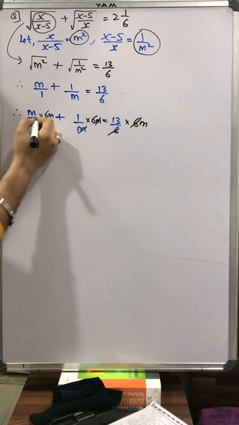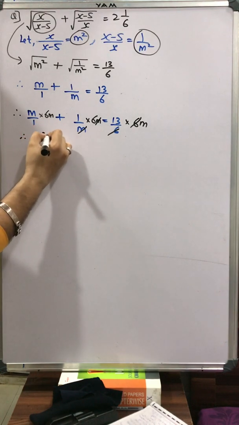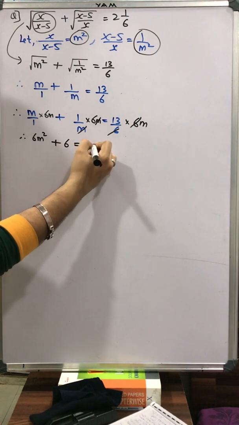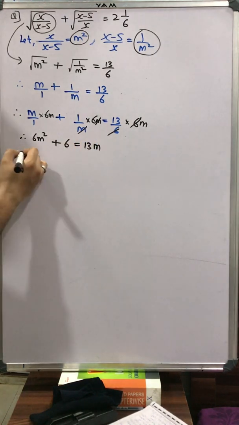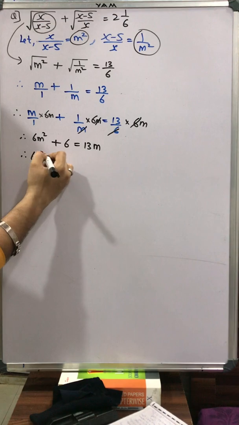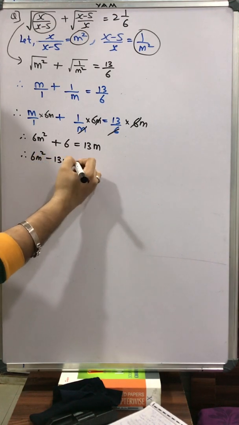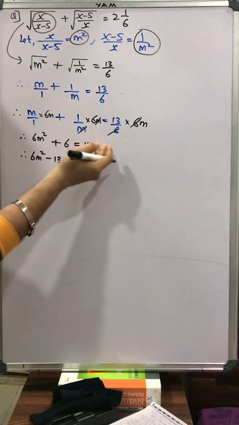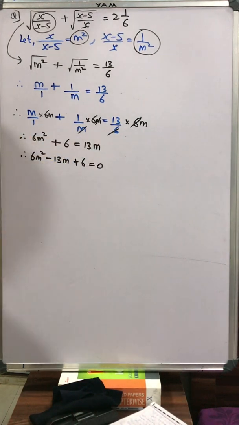Therefore, this becomes 6m square plus 6 is equal to 13m. Okay, therefore 6m square minus 13m plus 6 is equal to 0.